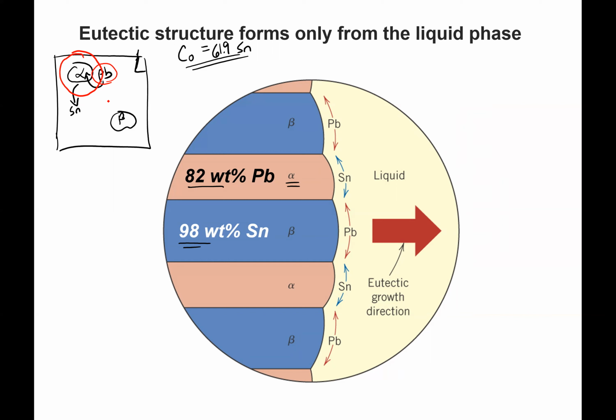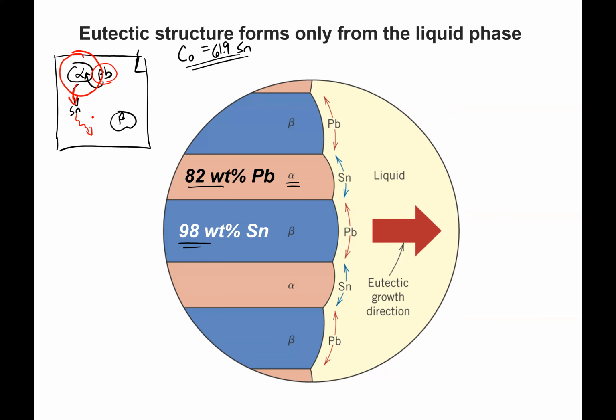And now to continue growing, I have to wait for this tin to diffuse away. And that's going to really slow the process down. So I'm going to suck up all the lead, and I'm not going to have enough lead for the continued growth. And the opposite for the beta, I'm going to suck up all the tin, and I'm not going to have enough tin for the continued growth until I get more to diffuse there. And the bigger the particle gets, the bigger this region I have to diffuse through, and the process will shut down and become very, very sluggish.